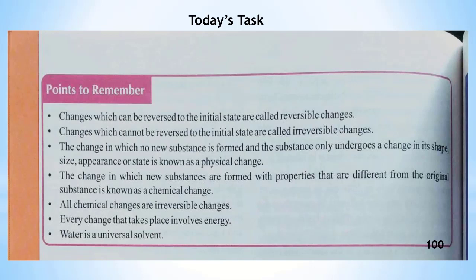The change in which no new substance is formed and the substance only undergoes a change in its shape, size, appearance or state is known as a physical change. The change in which new substances are formed with properties that are different from the original substance is known as a chemical change. And all chemical changes are irreversible changes and all physical changes are reversible changes.